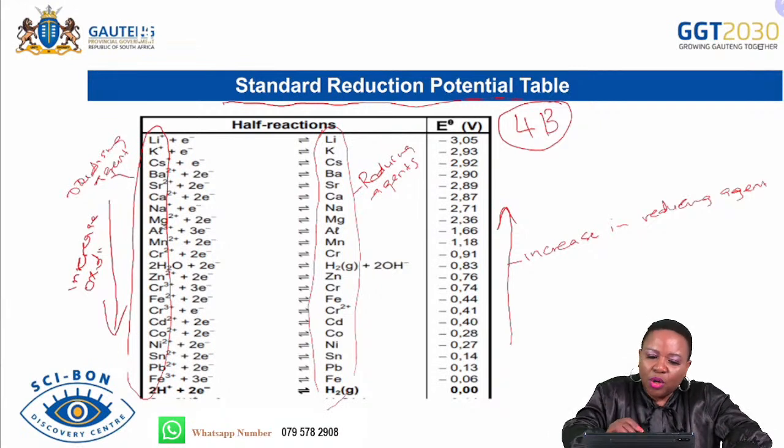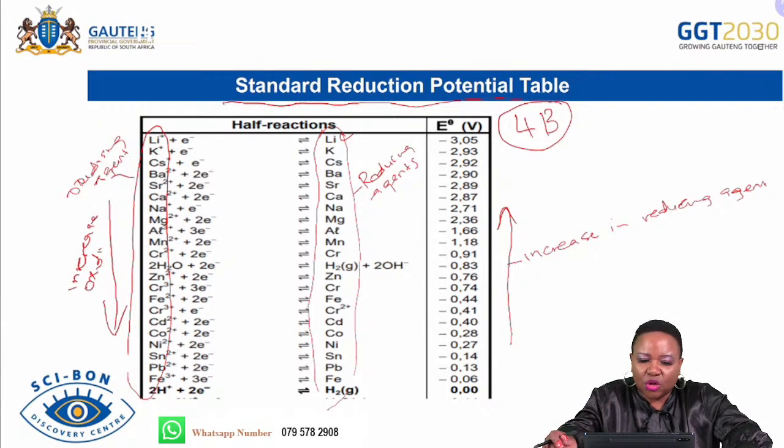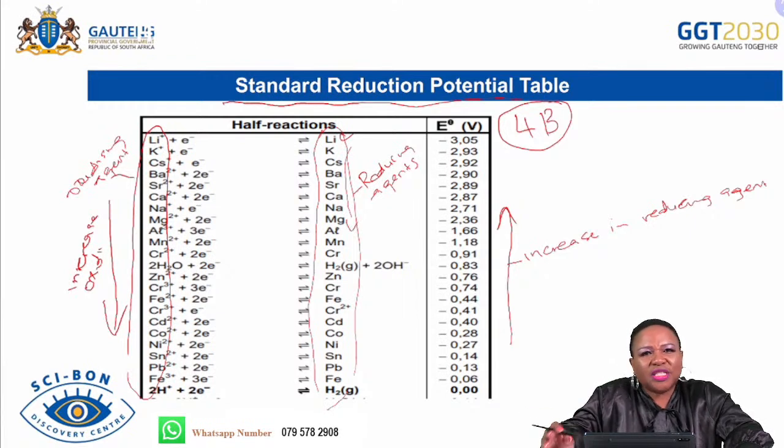So when you look at lithium, lithium is at the top, meaning that as you go up, the strength of the reducing agent increases. So lithium is the best reducing agent. What do we mean by the best reducing agent? We mean that as you compare lithium with other reducing agents on this side, you will find that lithium can lose electrons faster than any other reducing agent that you see here.